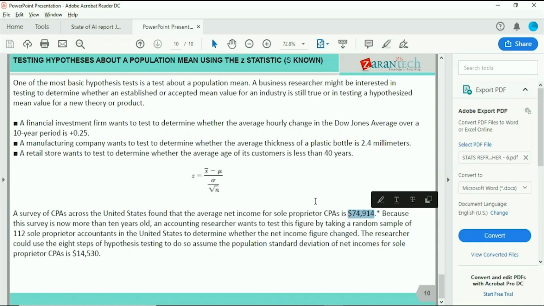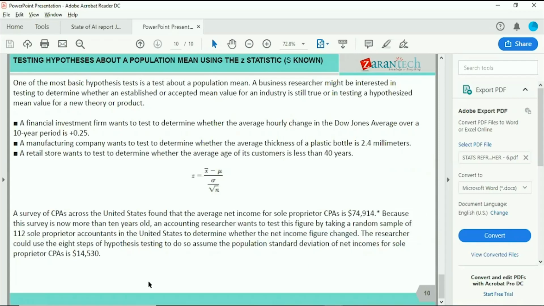Suppose the average salary of these kind of people is this much. Now, because this survey is now more than 10 years old, an accounting researcher wants to test the figure by taking a random sample of 112 sole proprietor accountants.